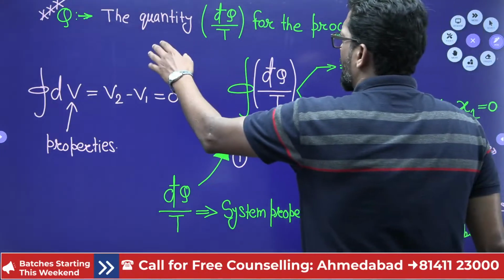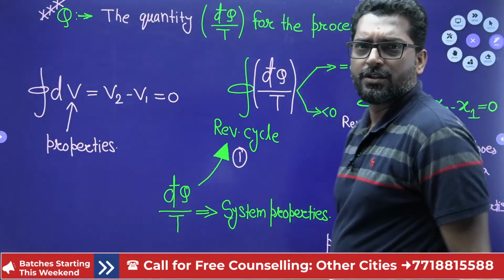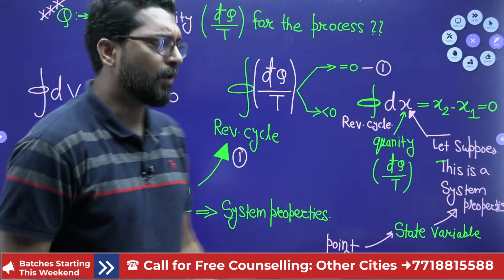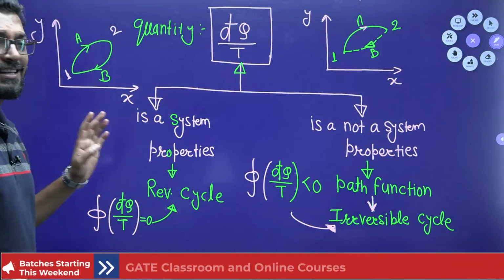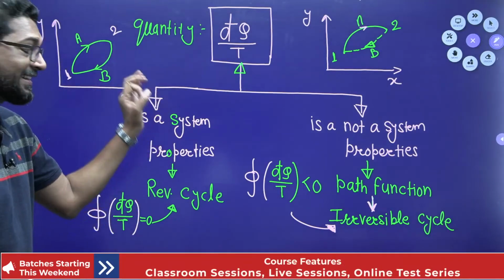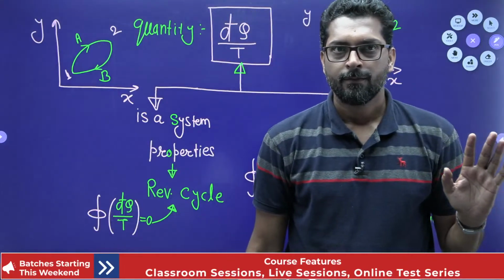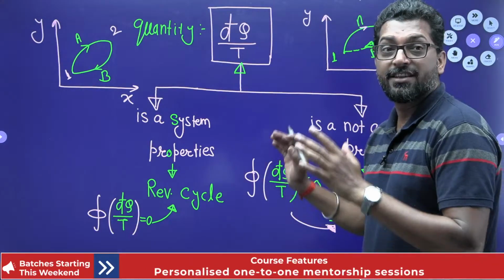Now, the quantity dQ/T for the process. What is the process for this quantity? Always keep in mind, this thing is never found on your YouTube channel as crystal clear as this. This is a very subtle concept.